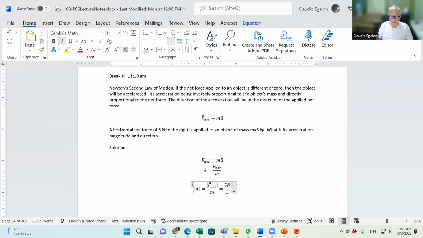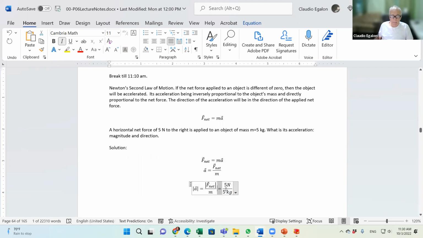Five newtons over 5 kilograms. Remember that I told you that the Newton is equal to kilogram meter per second square? It comes exactly from Newton's second law of motion.